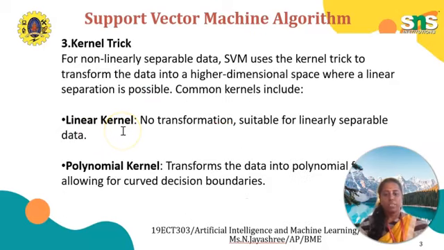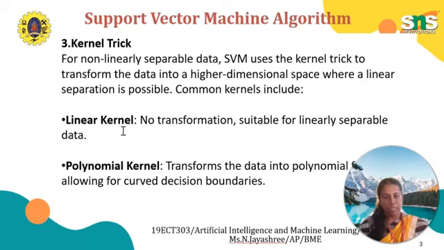Next, the third one is the kernel trick. For non-linearly separable data, the support vector machine algorithm uses the kernel trick to transform the data into a higher dimensional space where linear separation is possible.